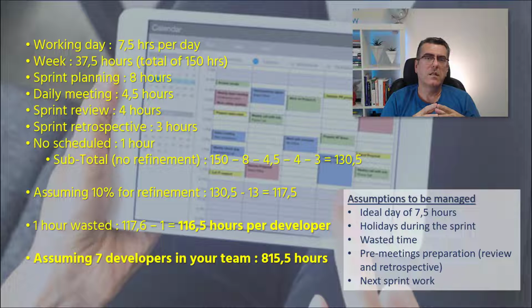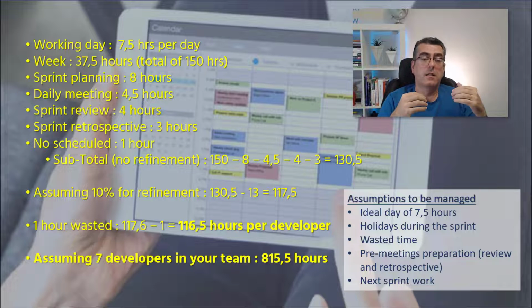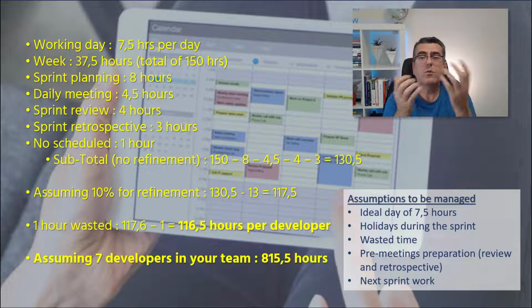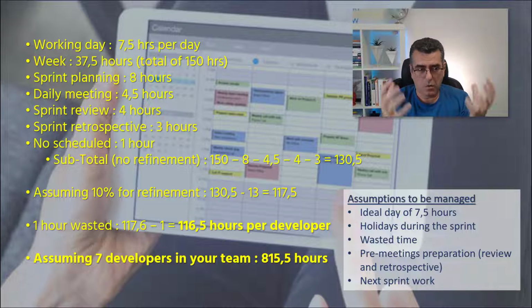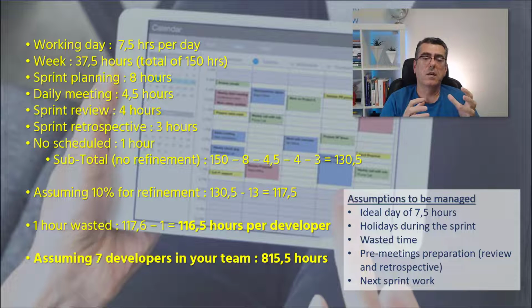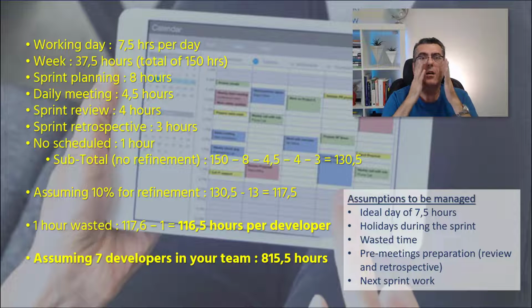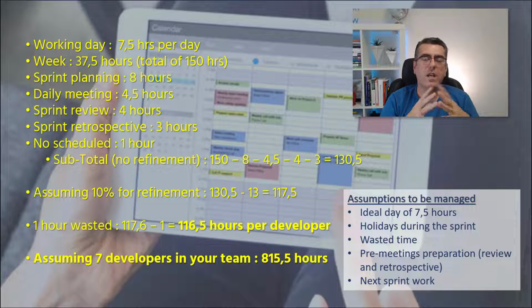Another point you need to think about is, do you need to have pre-meeting preparation in your group? For example, for the sprint review, do you need to meet your team before the sprint review to organize the meeting, to identify how you're going to present your increment, your sprint result?